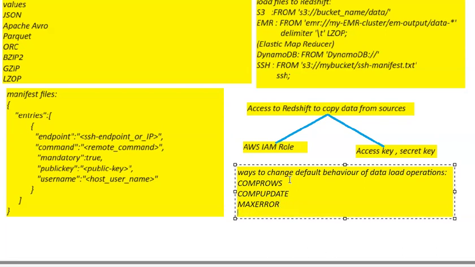This is very important to test the load. To test the load, you can use NOLOAD. Again, NOLOAD is important because you use it to check the validity of your data file without actually loading your data file.